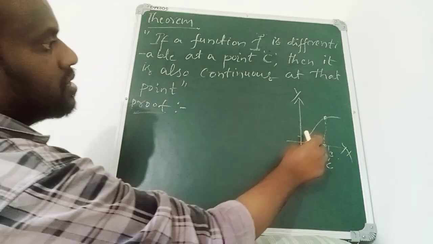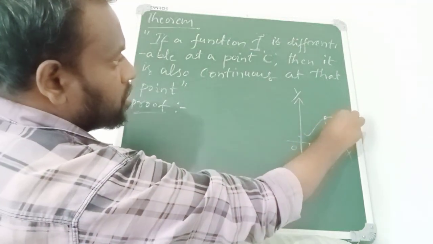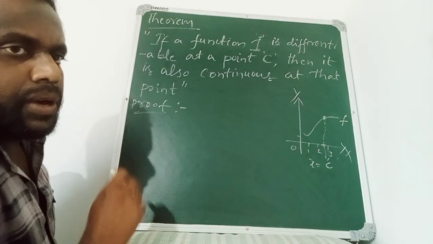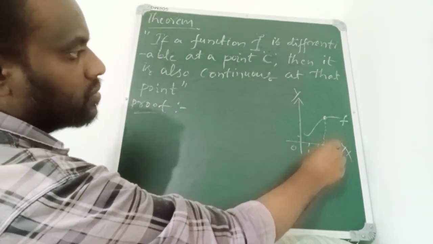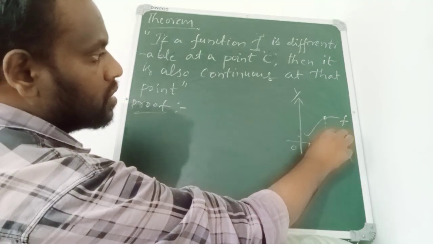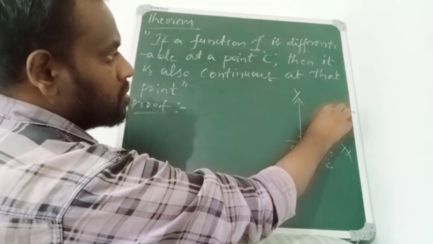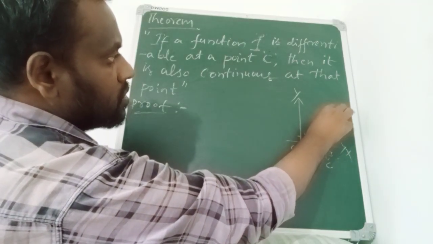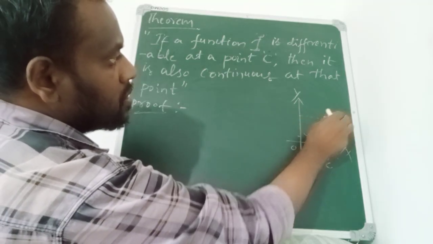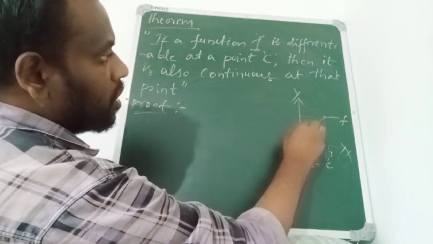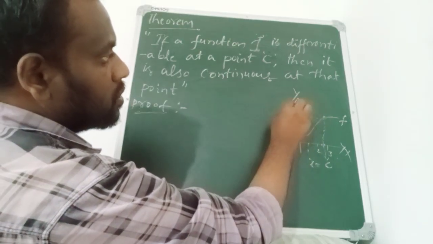So they are telling this function f is differentiable. We can differentiate at x equal to c. Here at x equal to c, the corresponding function value is this. Here will be some value, like 1, 2, this is 3.